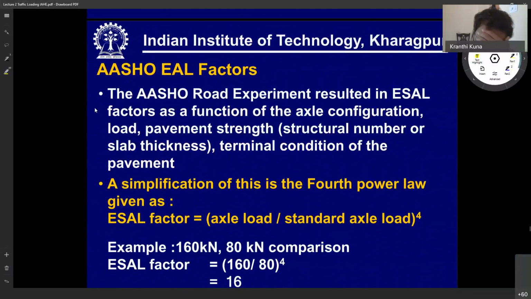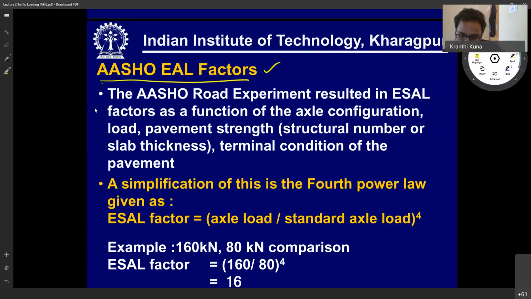To determine the damaging effect of each different load, what they did in the AASHO road test, as I was showing yesterday, is they constructed a number of roads, both flexible pavements and rigid pavements, with different combinations of thicknesses and different combinations of subgrades.